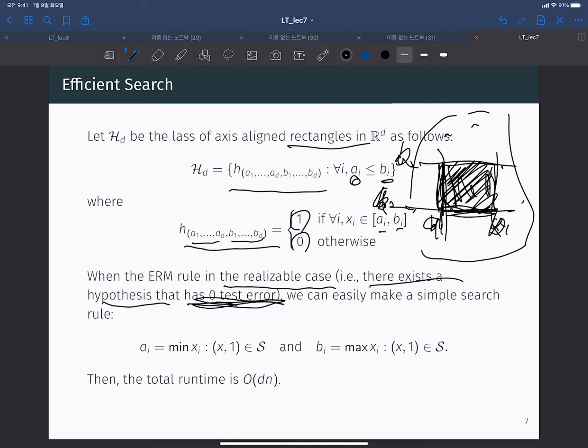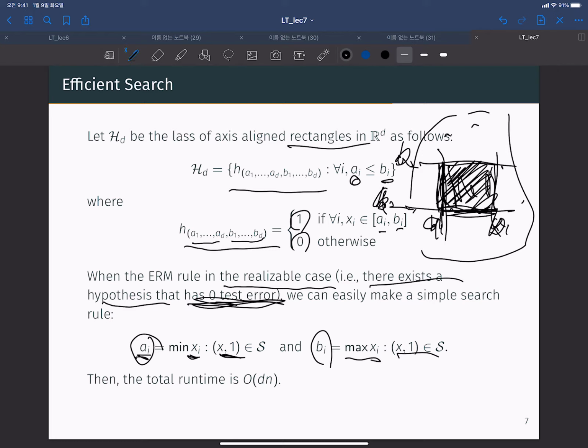So we can easily make a simple rule for the realizable case by finding the smallest AI value, the smallest value for the specific axis, and setting the minimum value to AI for axis I and the maximum value to BI. Then naturally this AI and BI will include every training data point having a positive response.